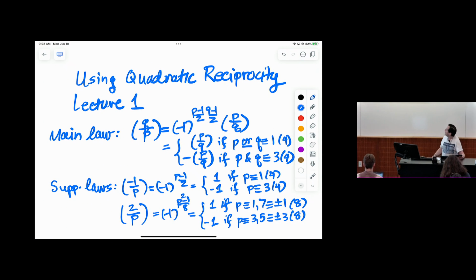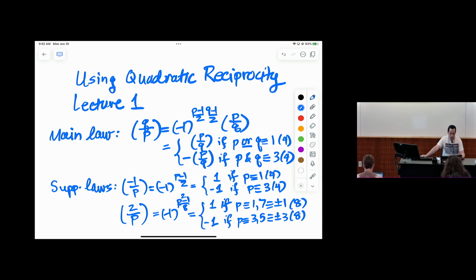What I put up here on the first slide is the basic statement of quadratic reciprocity in terms of the Legendre symbols. P and Q are odd primes, and we have various formulas for Q on P in terms of P on Q for the main law, and formulas for -1 on P and 2 on P as the so-called supplementary laws.